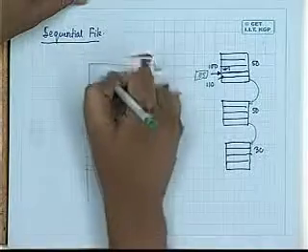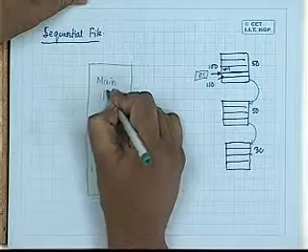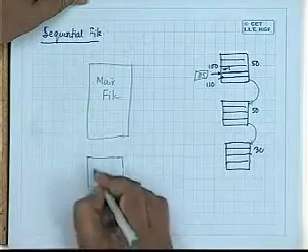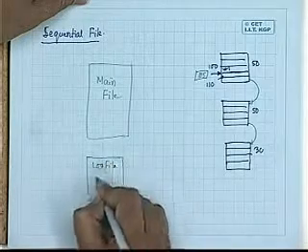So this is the main file. This main file will consist of a number of blocks, and each block will consist of a number of records. And this is a log file or a transaction file.